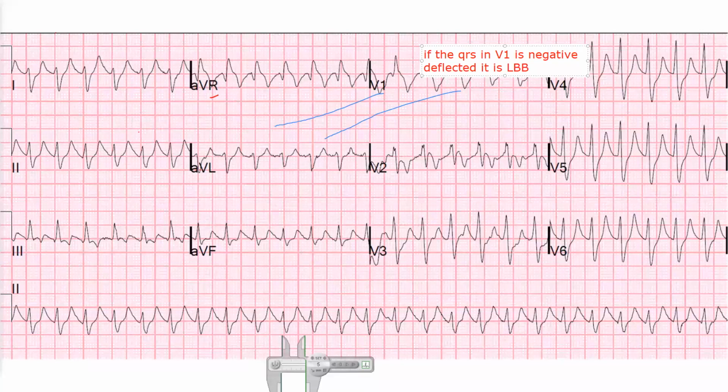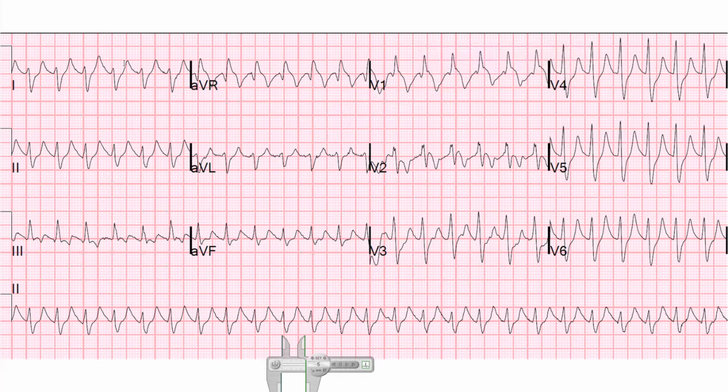Here is another ECG. What do you notice about the QRS complex? They're wide. Okay. So this is another situation where we have a bundle branch block. So my question to you is, what lead are you going to look at again? You're going to look at lead V1.